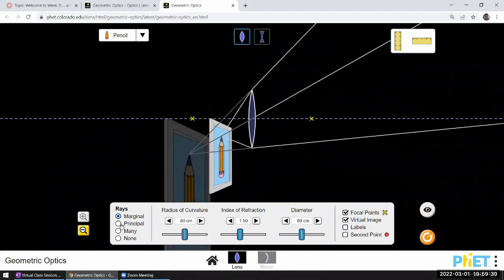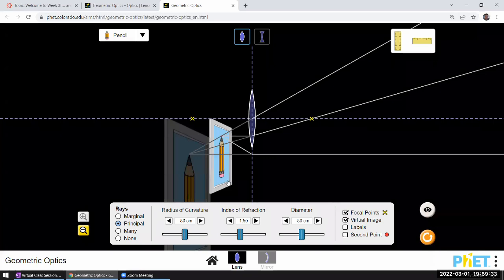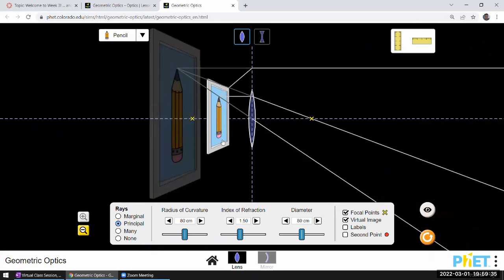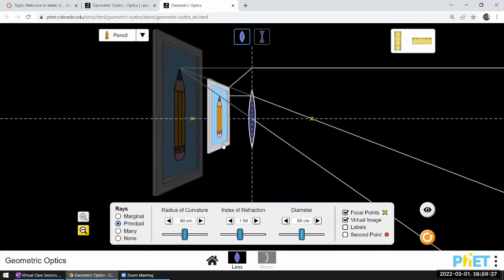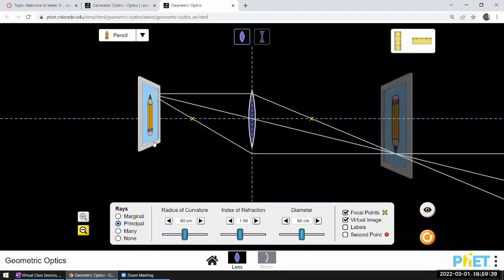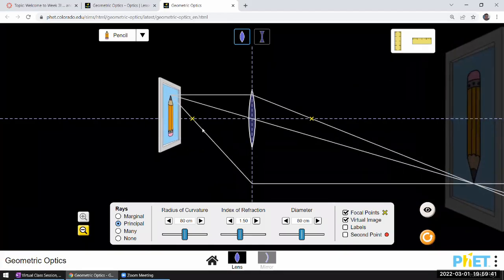Most often we'll be drawing principal rays, because principal rays have very easy-to-follow rules that I can use to draw them. Sometimes with principal rays, you will have a diagram that looks a little bit unnatural, like this ray here. It's not even hitting the lens and it's still bending. It's because principal rays are just a mathematical tool.